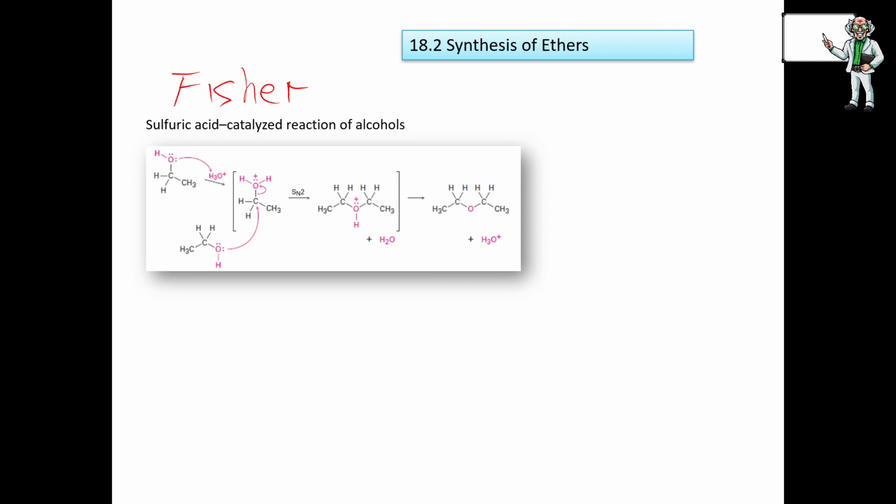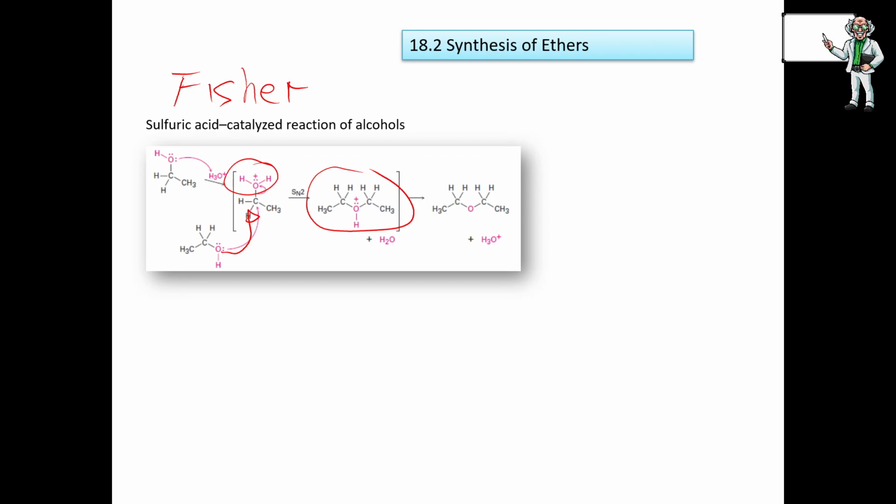Something very similar to what we saw in the case of the alcohol when we want to transform it into a chloride. We protonate the alcohol in order to get water. The water is a very good leaving group, and because this is a very good leaving group, another molecule of the alcohol can attack via SN2 this protonated alcohol, and we generate the protonated ether, that loses the proton in the next step to form the final ether.